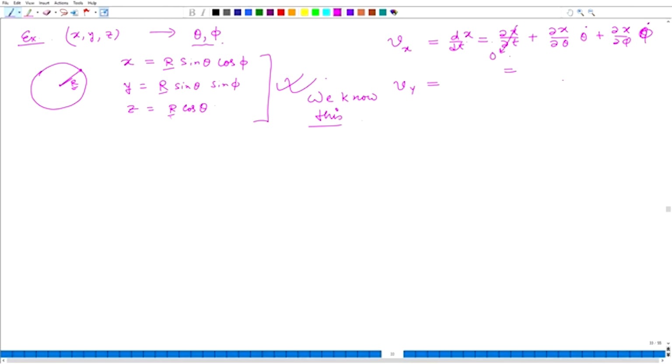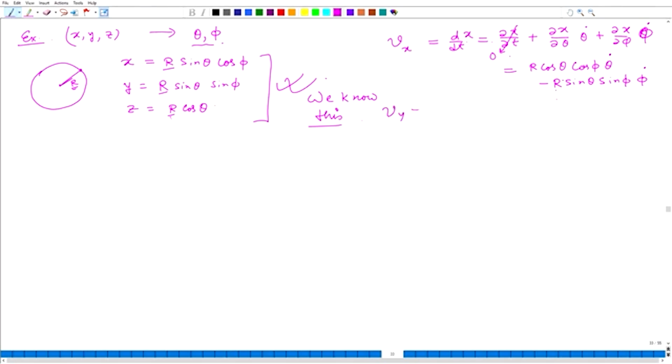This is 0, and ∂x/∂theta is nothing but r cos theta cos phi theta dot, plus ∂x/∂phi will be minus r sin theta sin phi, phi dot. You can do the same calculations for Vy.